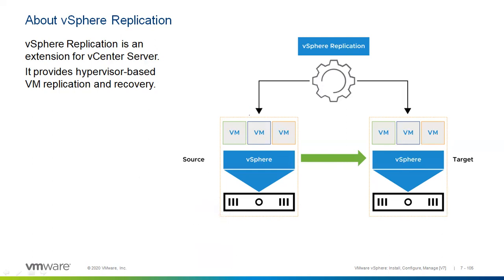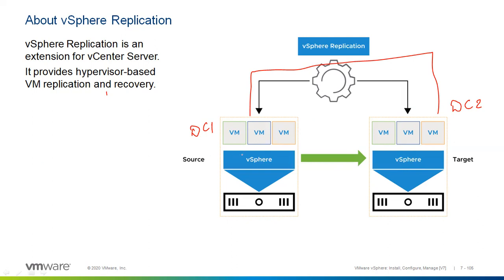So this is my data center 1 and this is my vSphere data center 2. This will happen across the data centers.